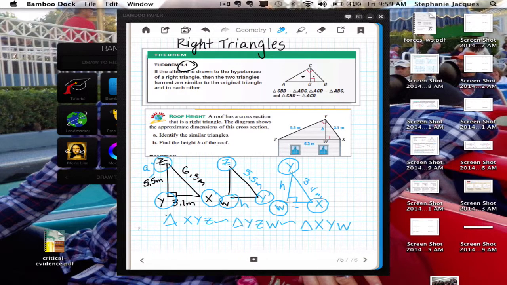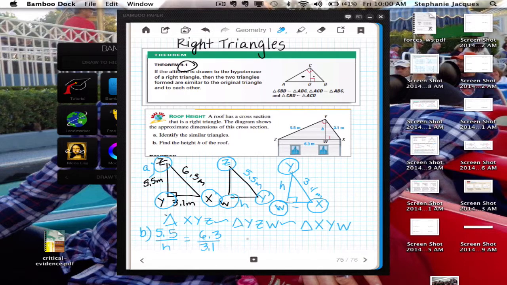And then we want to figure out the height of the roof. The way you do that is you just set up your proportion. I chose to do 5.5, so I have the ZY to the height of this one over here. And then I use the hypotenuse, 6.3, and the other hypotenuse over here, 3.1.